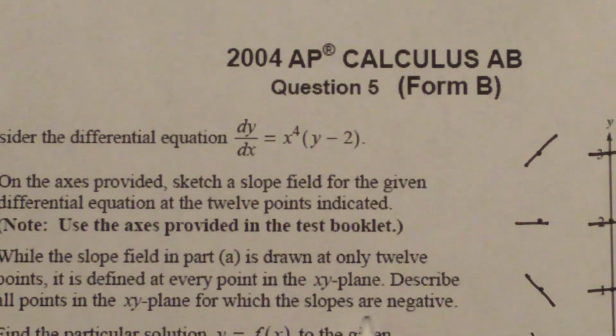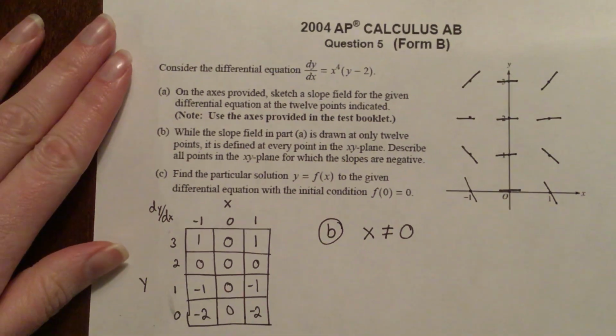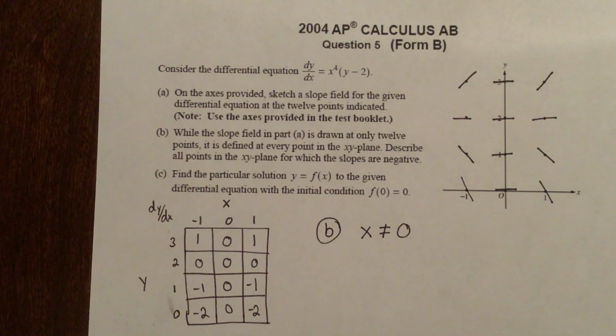That's what we're looking for. Where do we get negative slopes? At any place except where x is 0. So part B, x cannot equal 0. That's a big part of it. X cannot equal 0. What else has to be true?